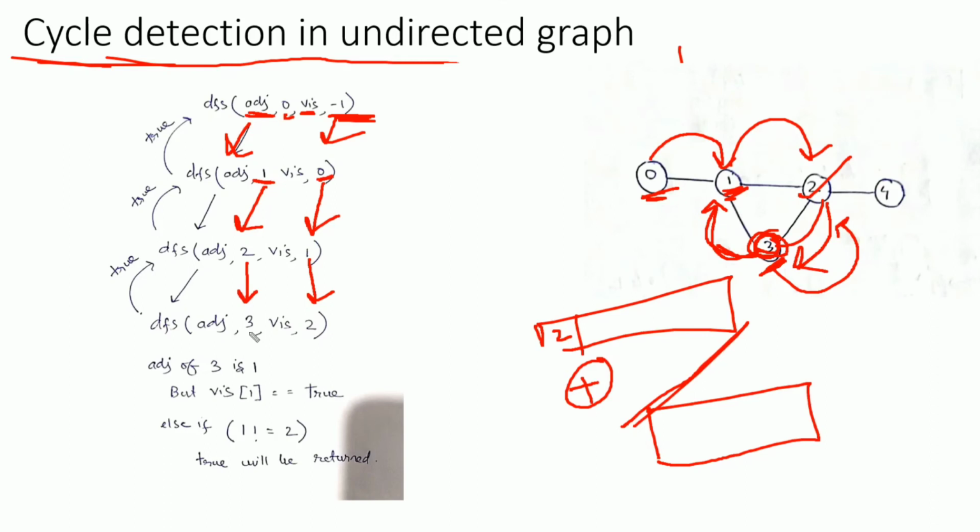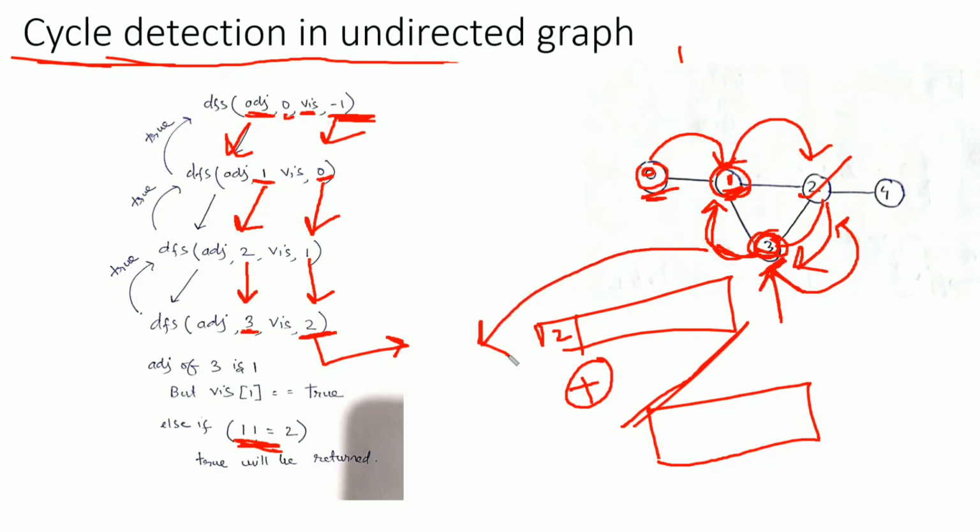The parent of vertex 3 is 2, and this 2 is not the same as our vertex 1. It means 1 is not equal to 2. So we are returning back to vertex 1, not with the help of parent vertex 0, but with the help of another vertex, that is vertex 3. So this factor decides that yes, there is a cycle.